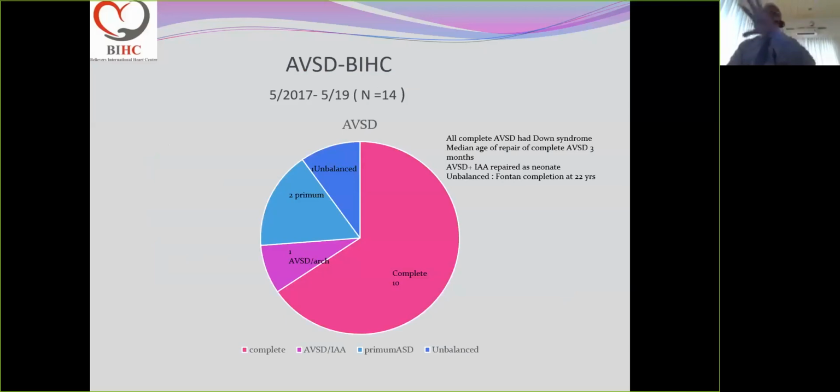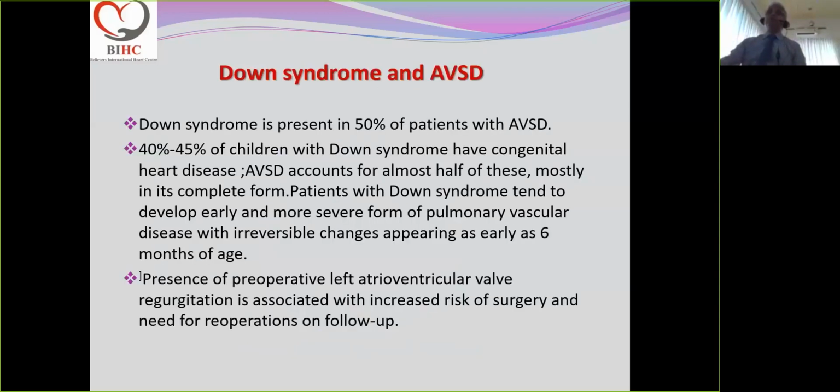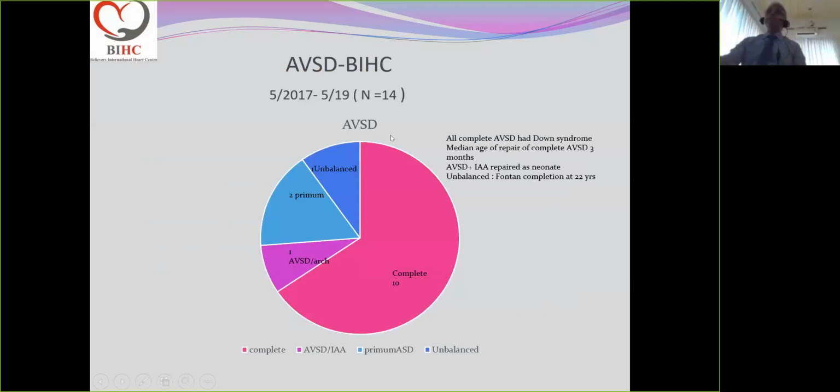This is what my unit has seen in the last 2 years or so, just to highlight the different forms of AV septal defect. Overwhelmingly, complete AV septal defect is what we would see, and the complete AV septal defect, I'm coming to this point separately also, is likely to be with Down syndrome.